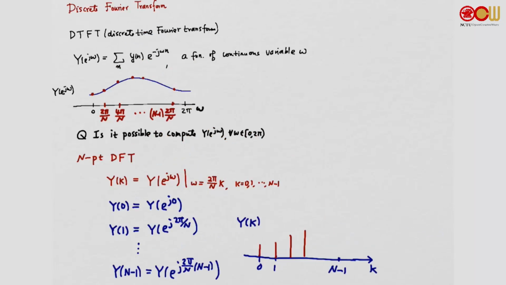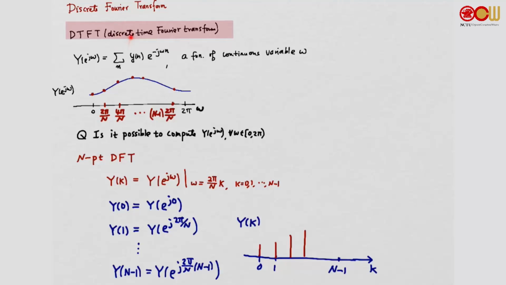The names are actually quite similar. One is discrete Fourier transform, and the other one is discrete time Fourier transform. In discrete time Fourier transform, we mean the Fourier transform of a discrete time sequence.